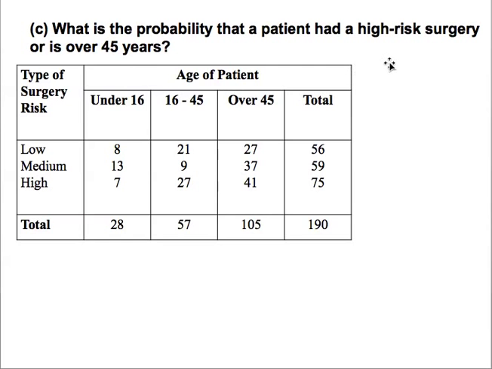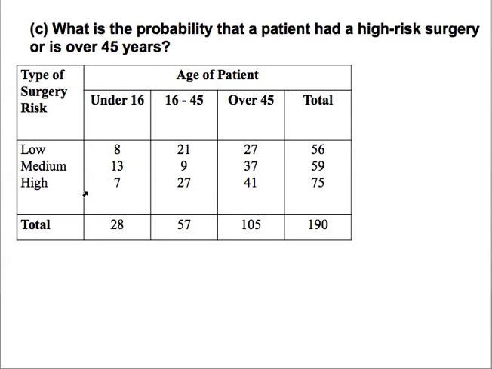So we need to find the probability of A or B, probability of a high risk surgery or is over 45. That will be equal to the probability that the patient had a high risk surgery plus the probability that the patient is over 45 years minus the probability that the patient had a high risk surgery and is over 45 years.